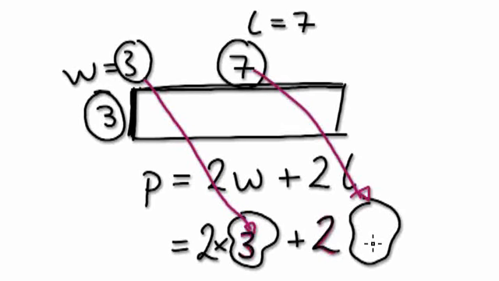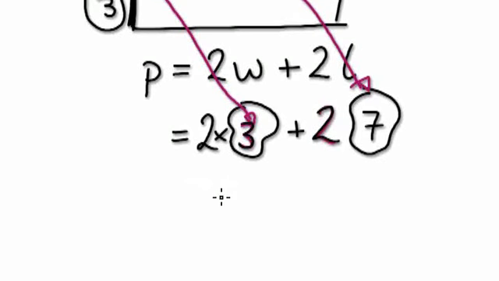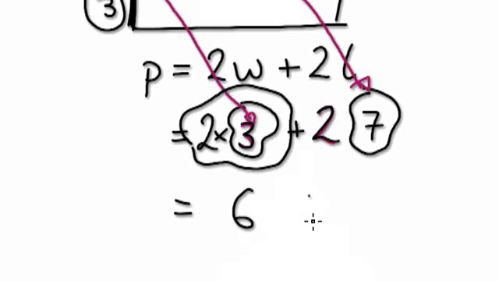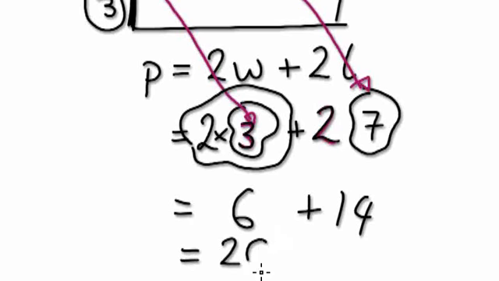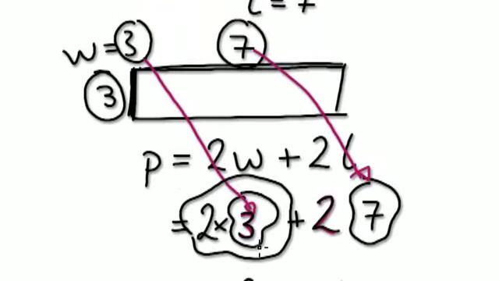So you put the 7 into here. Well, this whole thing here is 6, plus, now when two things are next to each other it means times. So 2 times 7 is 14. So the perimeter here is 20. So if someone gives you a rectangle and says the width is 3 and the length is 7, then you know that P, the perimeter, is 20.